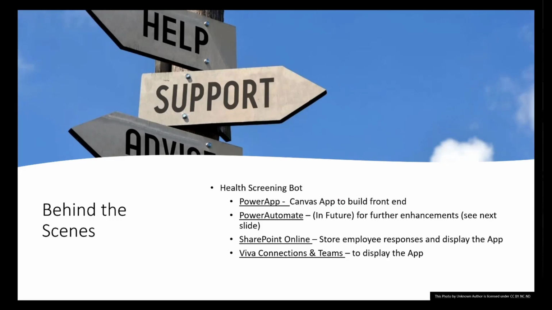So really, that's where we were conceptualizing using Power Automate to send all sorts of notifications and do things in the background to alert the appropriate parties when something is going wrong based on the data that we're getting from the app.